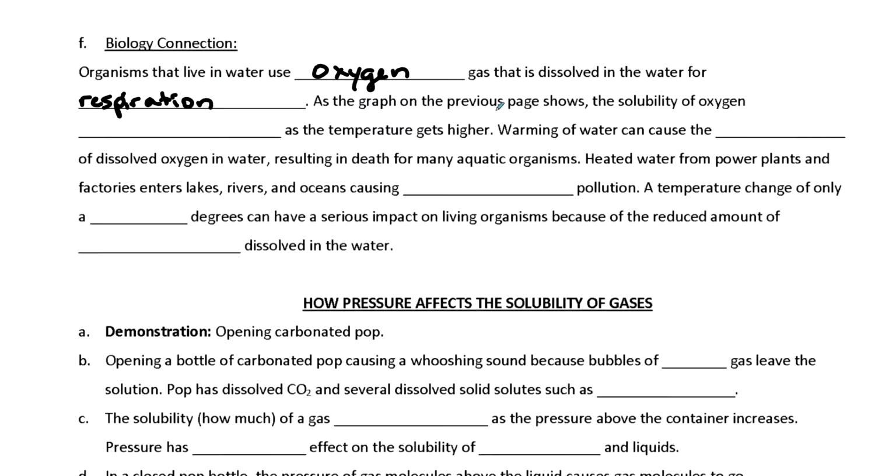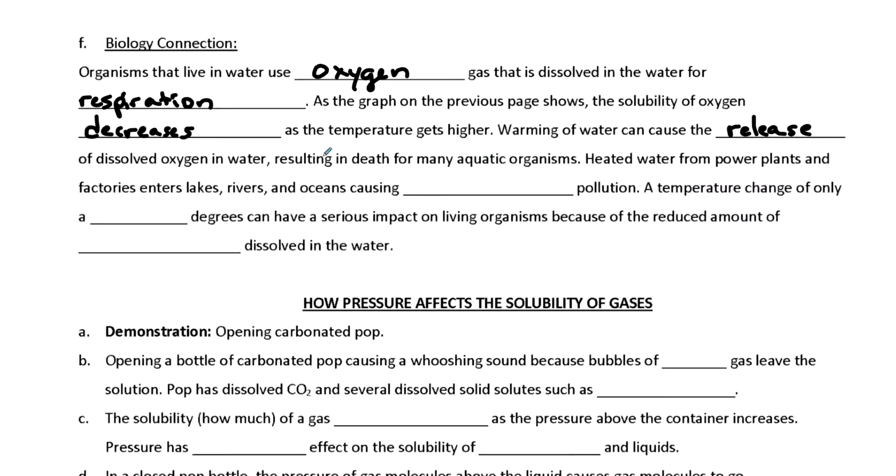Okay, so on the previous page, on the graph, you saw that the solubility of oxygen decreases as the temperature gets higher. So this means that if water, so lakes, ponds, rivers, oceans, if that water gets warmed or heated, it can cause the release of dissolved oxygen in water, and that can result in death for many aquatic organisms.